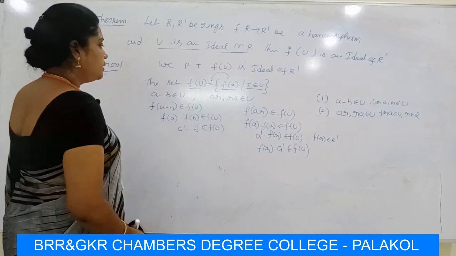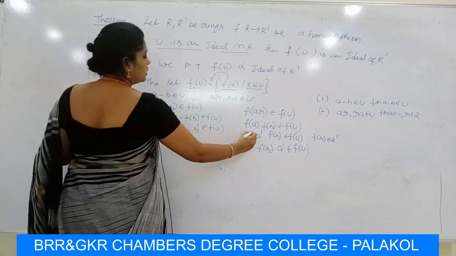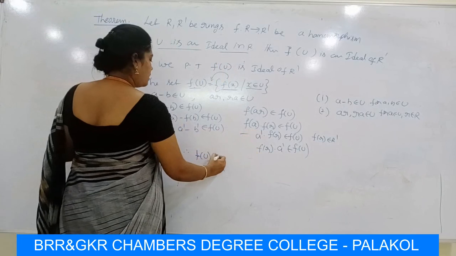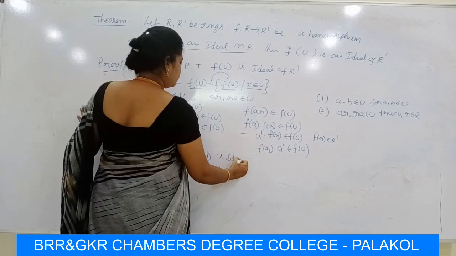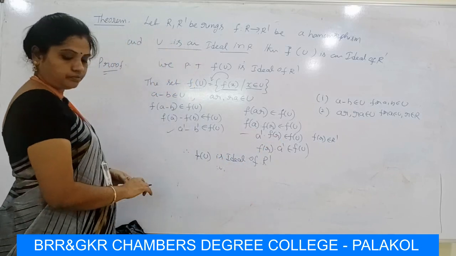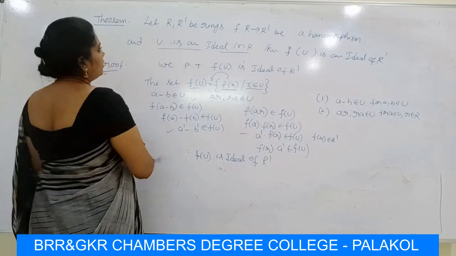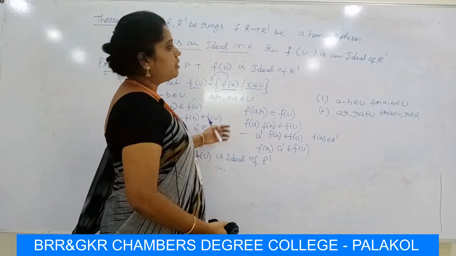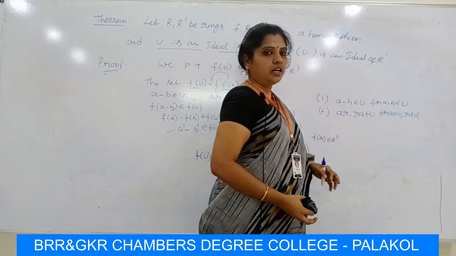So by definition of ideal, f of U is an ideal of R dash. Here U is an ideal in R, and we have to prove f of U is an ideal of R dash.